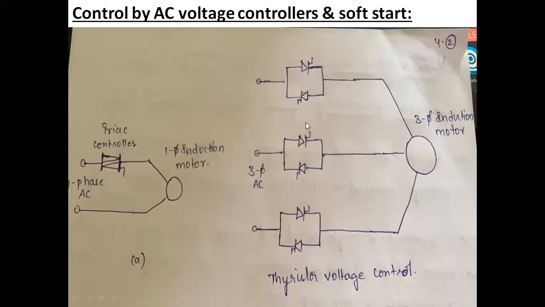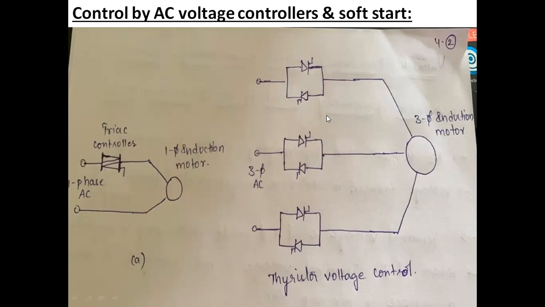When we are dealing with low power ratings, look at how the thyristors are placed in the diagram: they are placed anti-parallel in each phase. This is the first phase, second phase, and third phase. Each anti-parallel thyristor pair can be replaced by a triac. The diagram I am showing is for high power ratings.